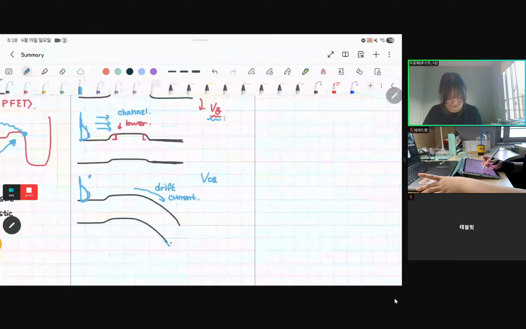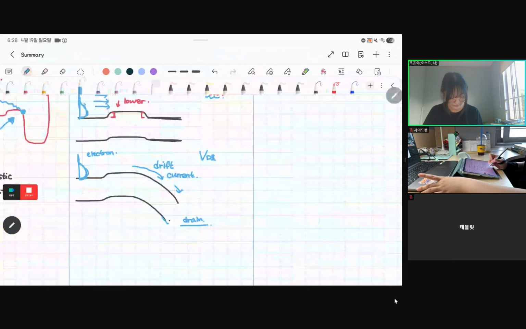So these electron carriers flow like this from the drain. So the drain current exists.